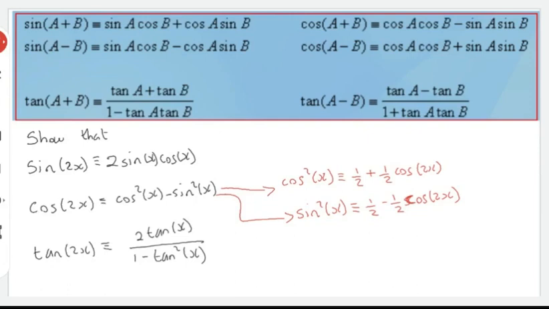Oh no, wait a minute. Oh, and then sine x cos x plus cos x sine x would just be 2 sine x cos x, right? Oh, yeah.